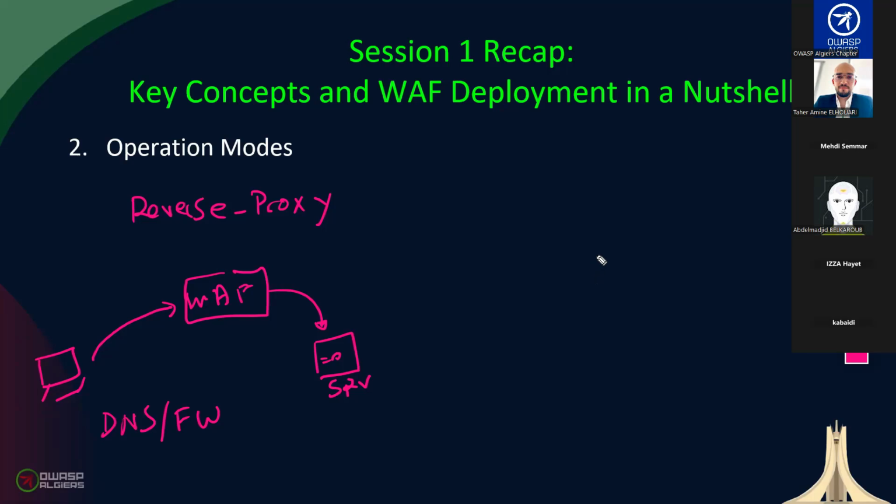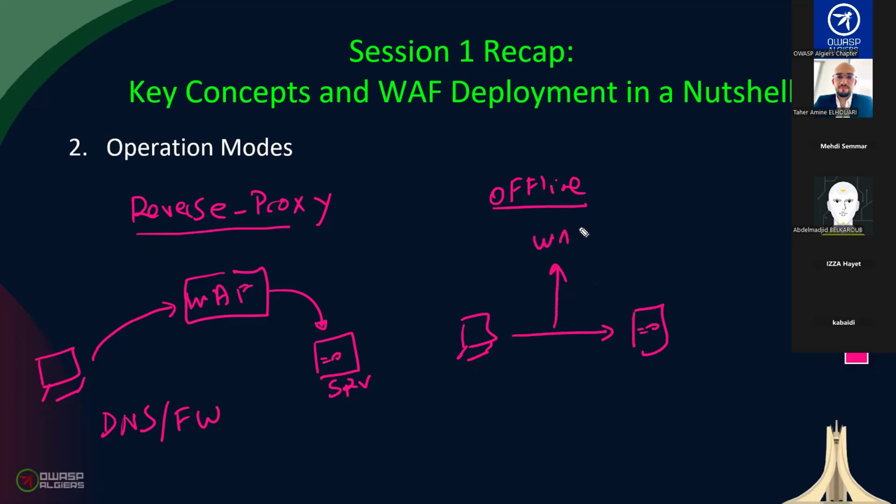The two other modes are the offline mode, and remember that we said the offline mode supports only the one-arm deployment. It is never deployed inline. So as I said, we always have traffic going to your backend server and a copy is sent to your WAF. The most important part of this deployment is monitoring.